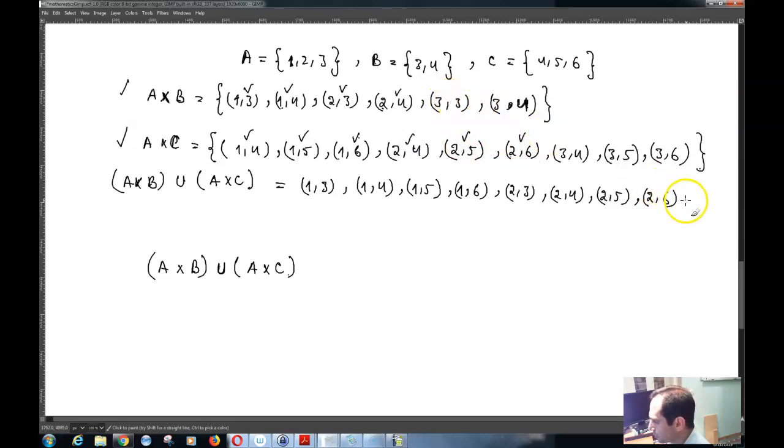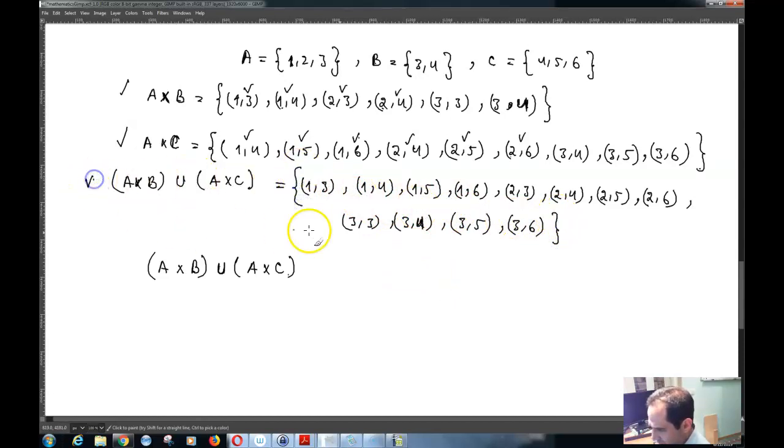And I have (3, 3), (3, 4), (3, 5), and (3, 6). And that's all the elements of this set over here. So that was an example using the notation of the concept of union and intersection and all of those things.